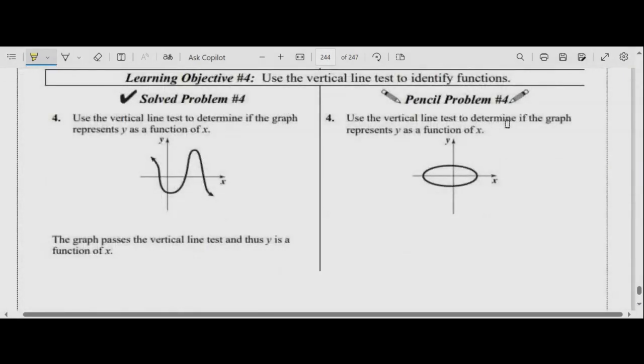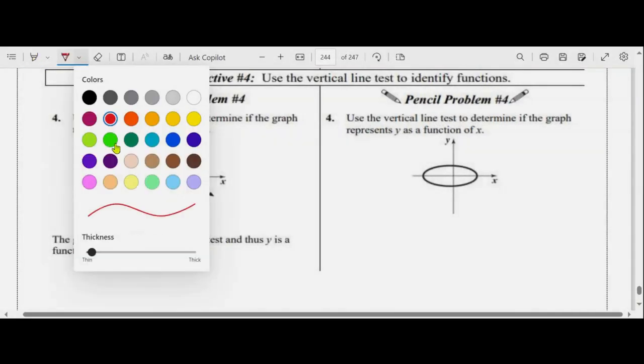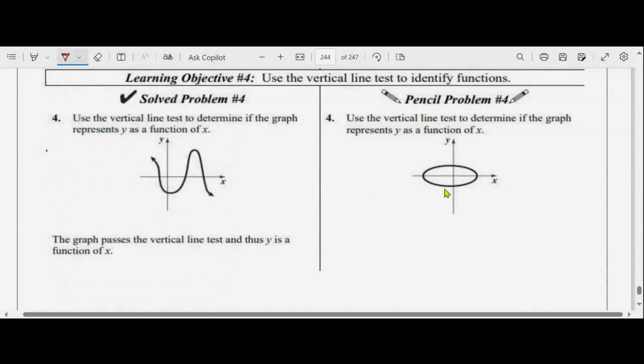Use the vertical line test to determine if the graph represents y as a function. Do you remember what I said about it? It can only hit once. This is called the vertical line test.